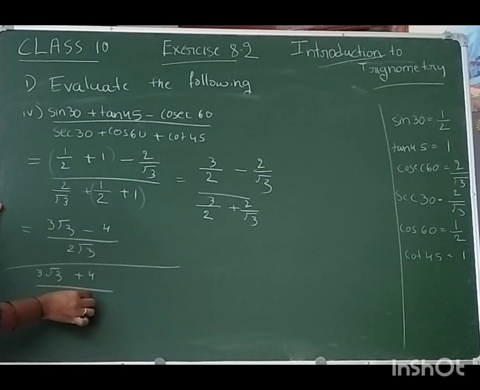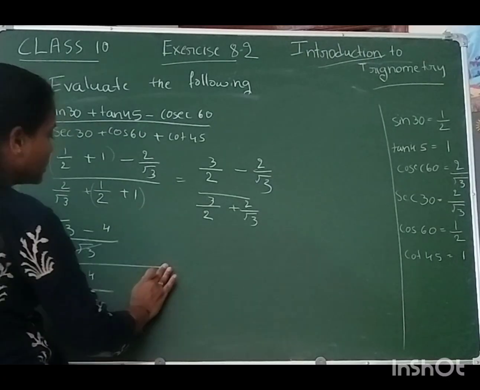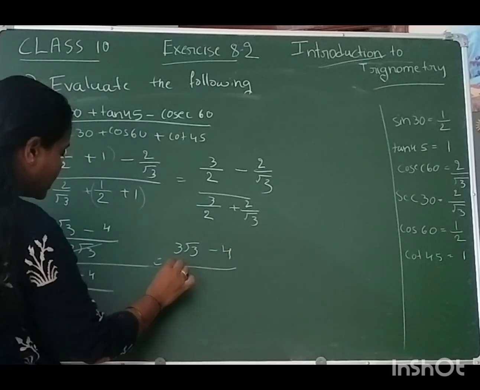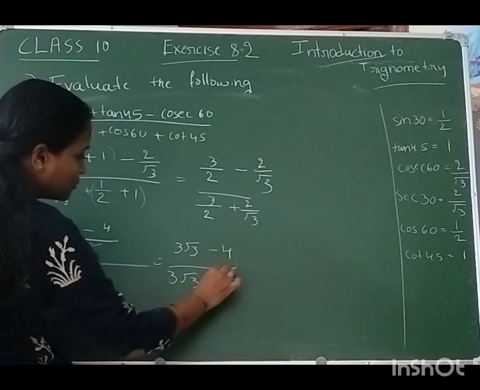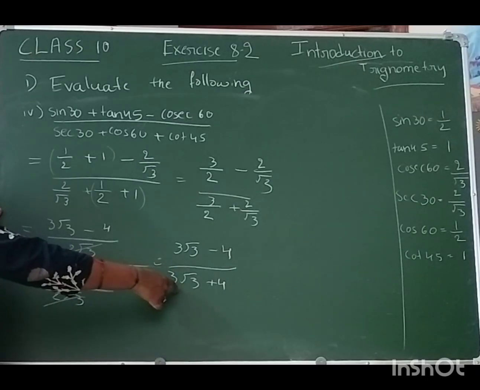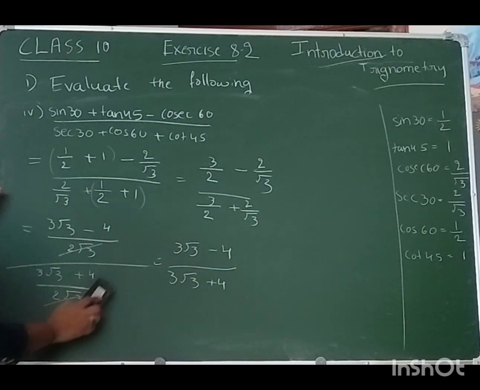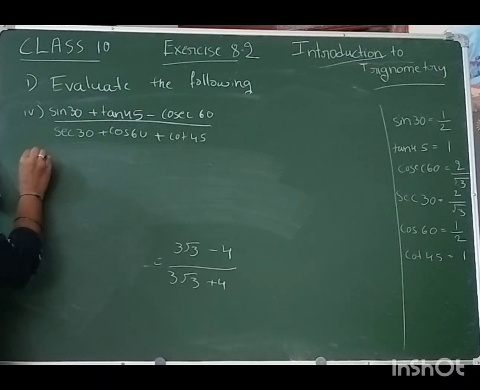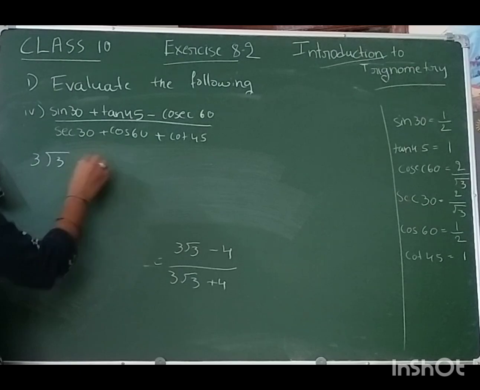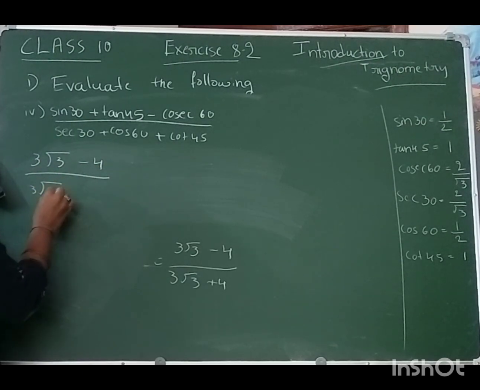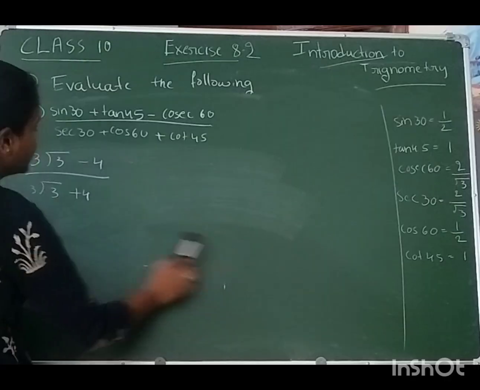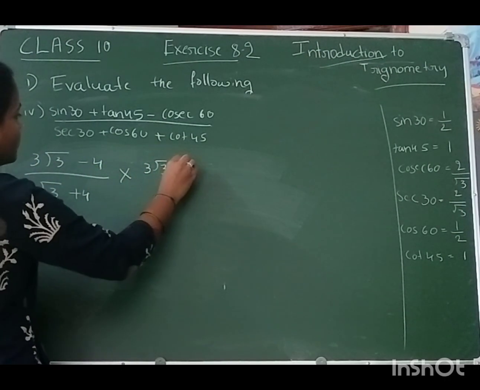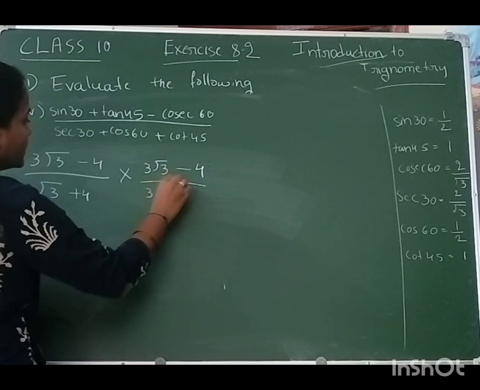So the common terms will get cancelled here, that is 2 root 3, and we'll get 3 root 3 minus 4 divided by 3 root 3 plus 4. We have to rationalize this to get the answer by multiplying by 3 root 3 minus 4 divided by 3 root 3 minus 4.